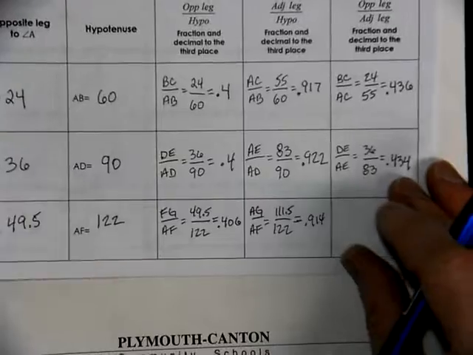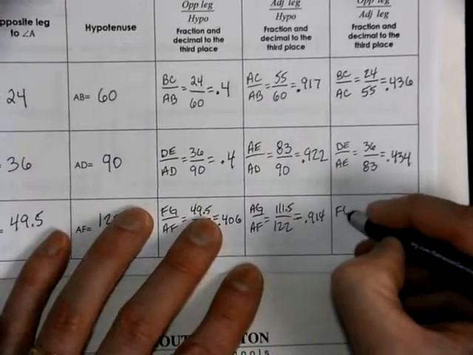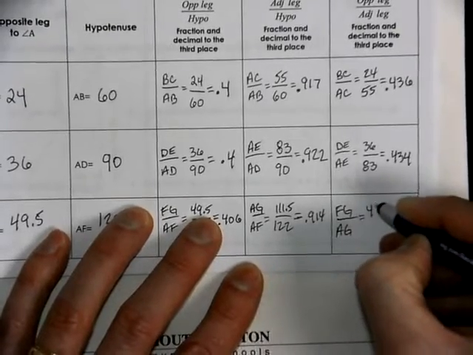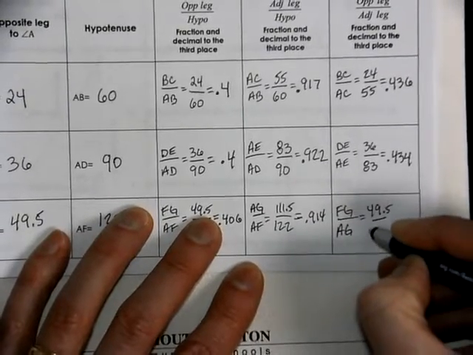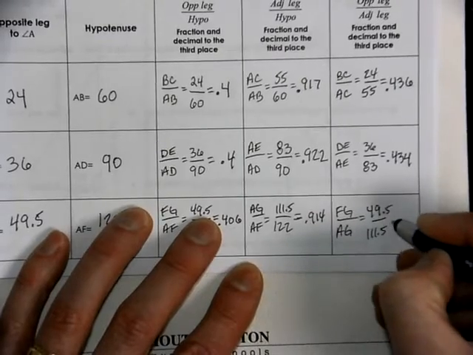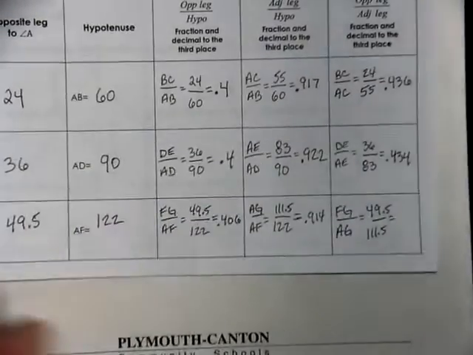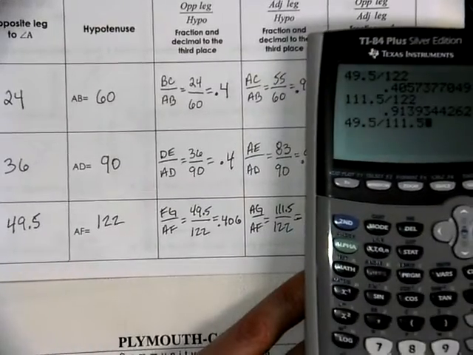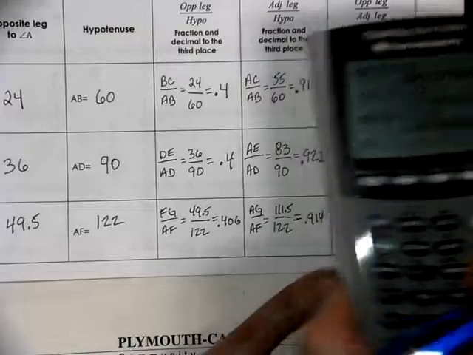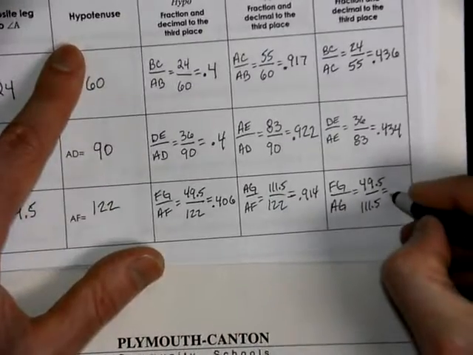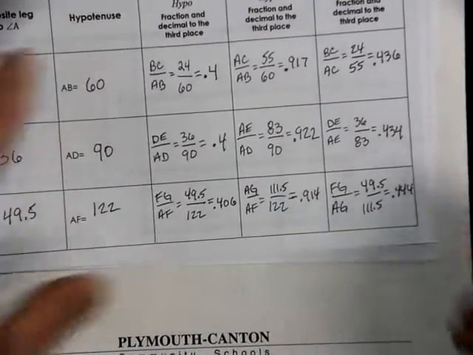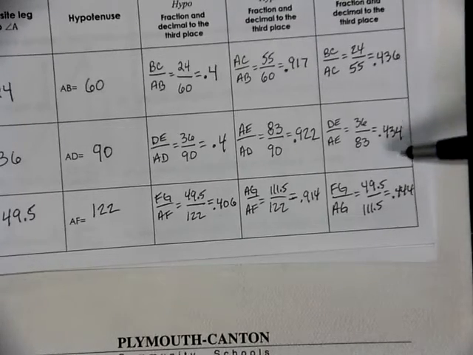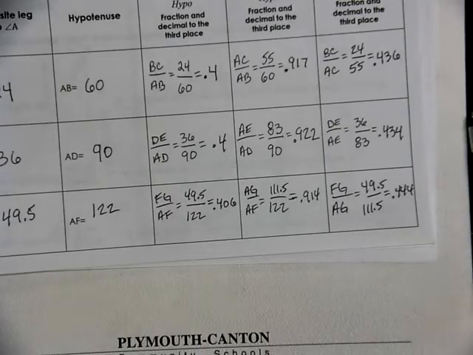And then our last set of measurements was FG and AG. 49.5 and 111.5. They got 0.444. So what we're trying to recognize is how close these different triangles had the same ratio.